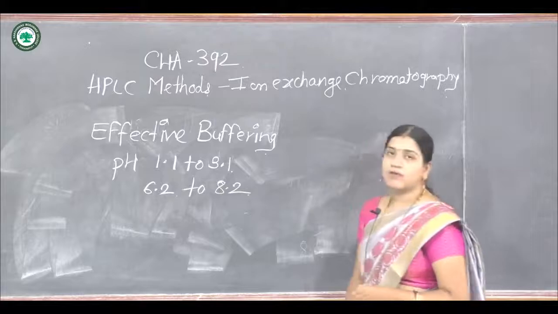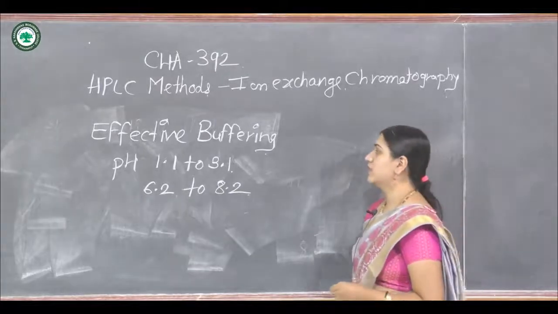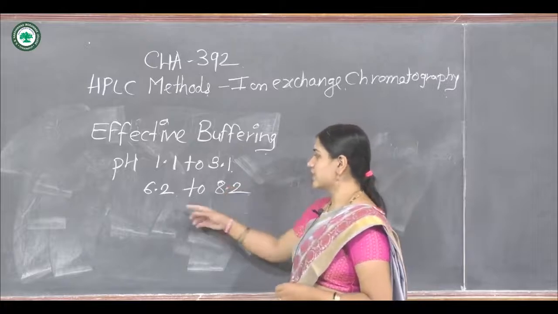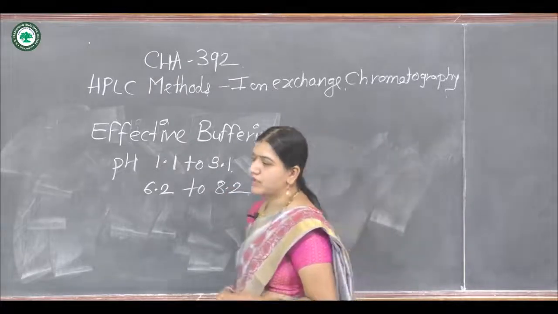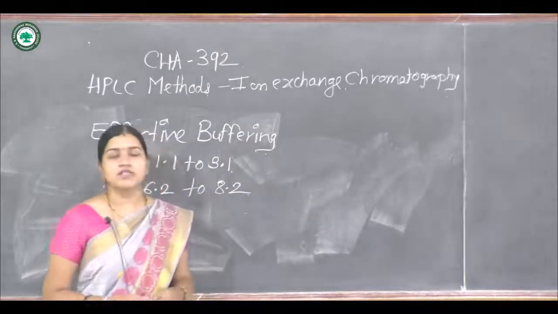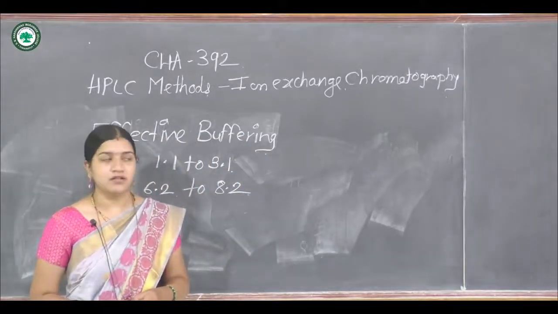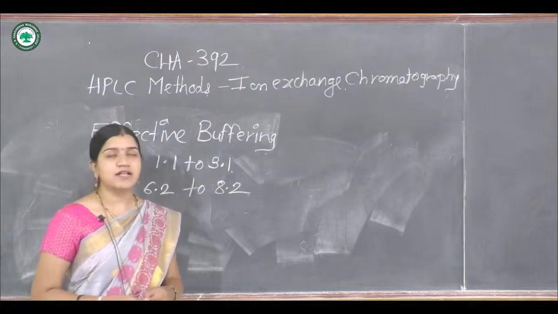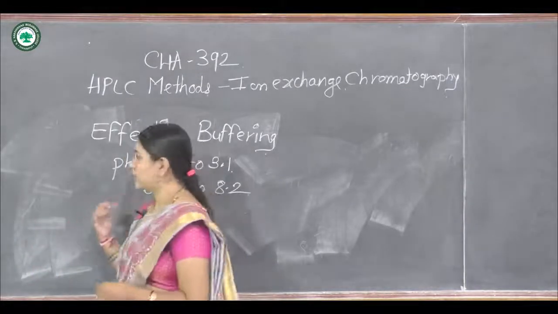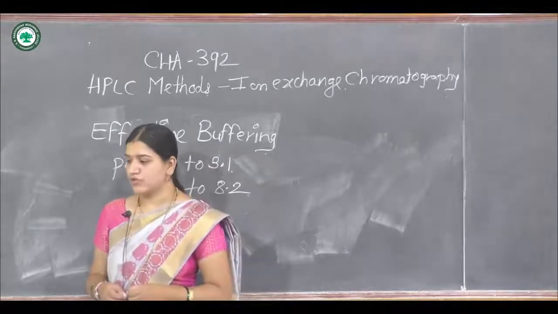So effective buffering is possible in the range of 1.1 to 3.1 and 6.2 to 8.2. For the substances which are analyzed in the strong acid or strong base region, you use an effective buffering solution.